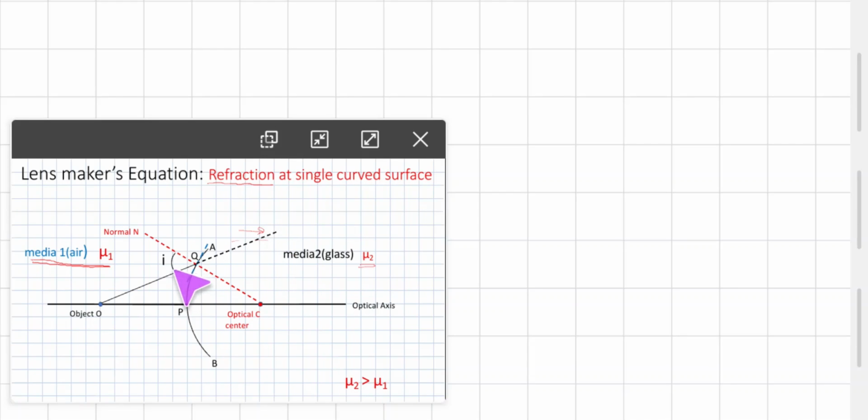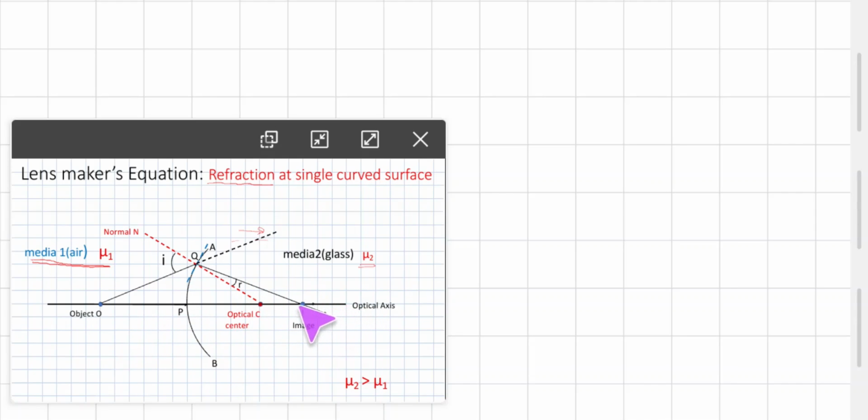Here angle i is the angle between the incident ray and the normal to the surface, called the angle of incidence, which you should remember because we are going to see Snell's law.